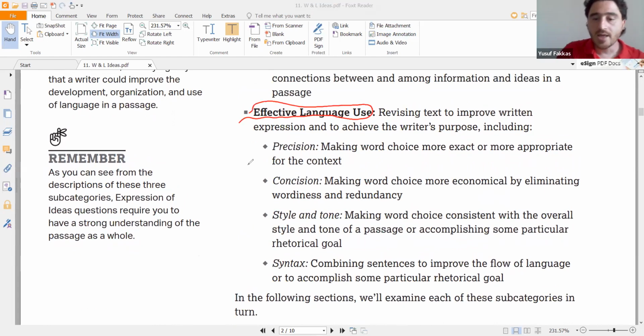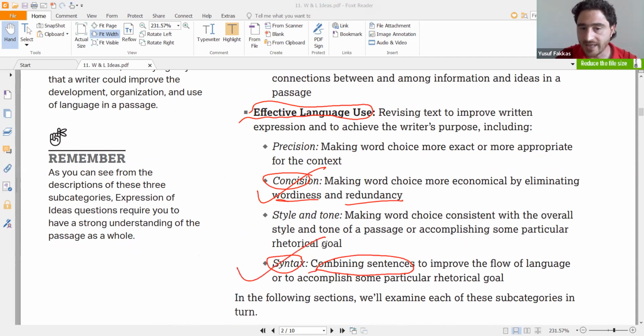Okay, and we already covered concision, which is about wordiness and redundancy. We also covered syntax, which is about combining sentences together. We already did that. And we covered style and tone when we talked about the formality of the language.